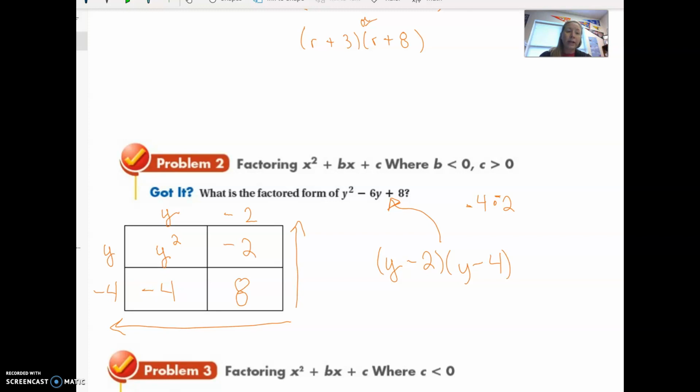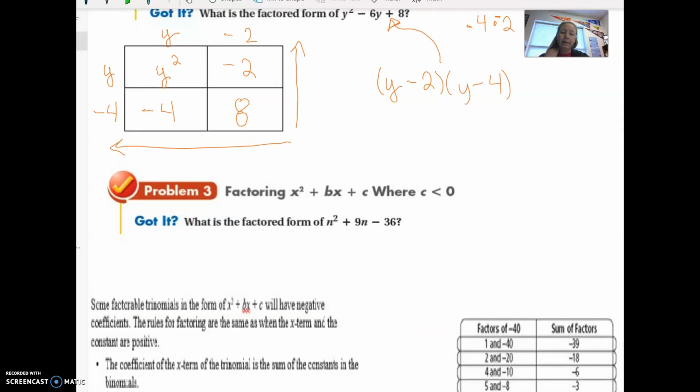And again, that's a way you can check to make sure you're factoring that correctly. You don't have to really use the box on these types of problems, but it will come in handy later. So I wanted you to at least be introduced to that, and it's something that you could use now if you want to, but it's something that we'll definitely use more later when we're factoring, okay?